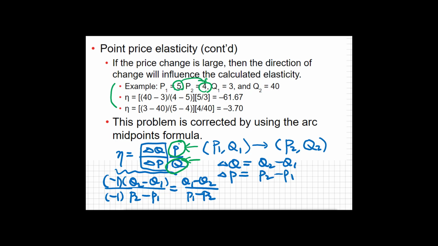In that case, which price and quantity you choose to insert will change the magnitude of price elasticity of demand greatly, as you see here. When you insert the P1 and Q1 combination into P over Q, you have 61.67 as the absolute value of price elasticity of demand, indicating it's extremely elastic.